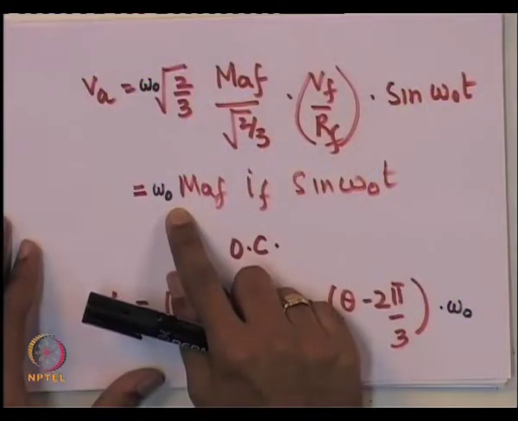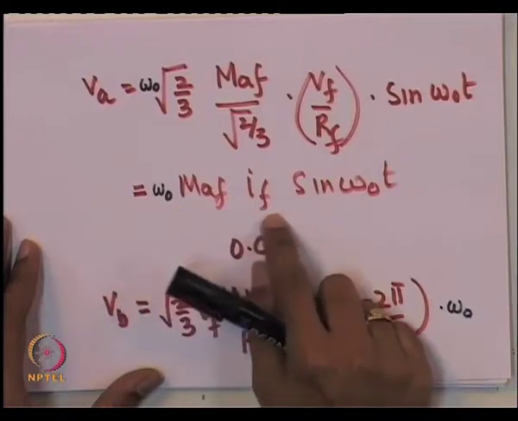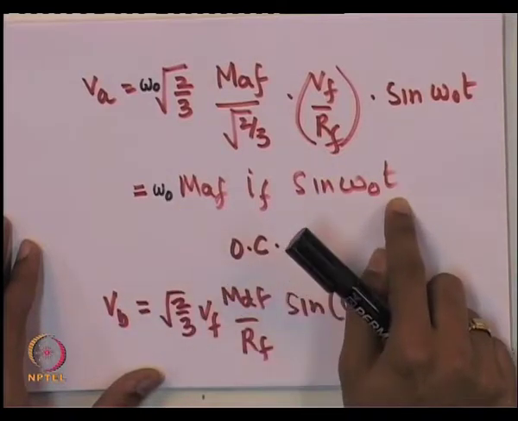In such a case, it was shown that the open circuit voltage which appeared at the terminals of a machine was given by V A is equal to omega naught M A F I F sin omega naught t.